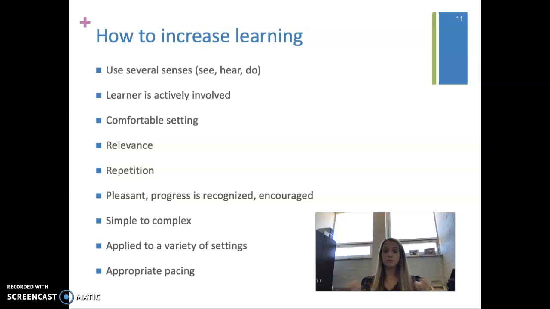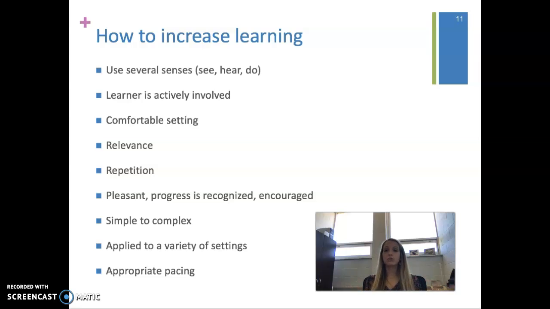Make sure it's relevant, make sure it makes sense for what you're wanting to accomplish. Repetition, right? Makes things stick. We want it to be pleasant, recognizing progress, encouragement, right? So if someone's making positive changes and positive behaviors, encouraging that, right?